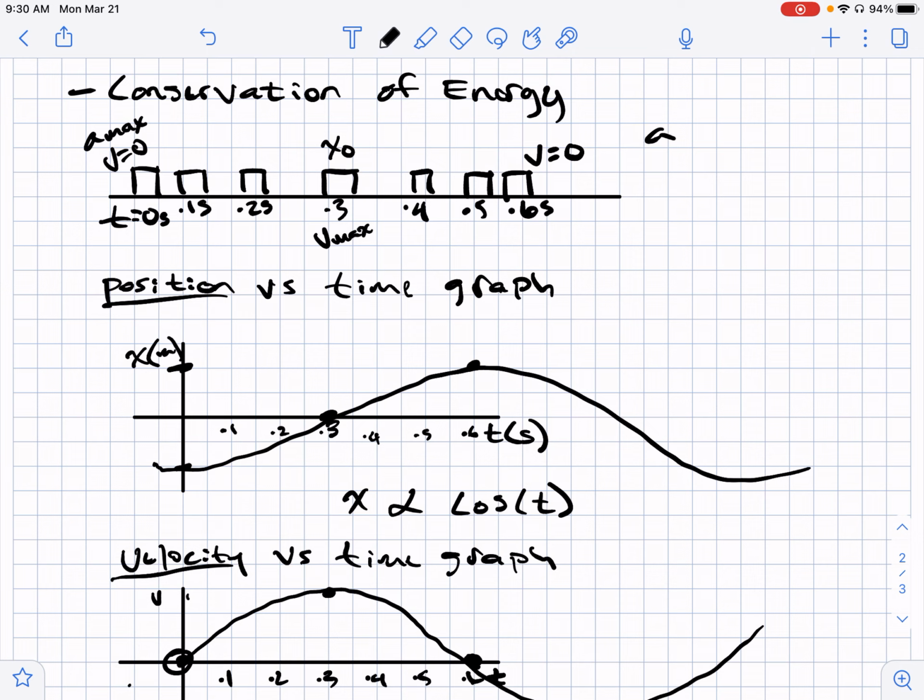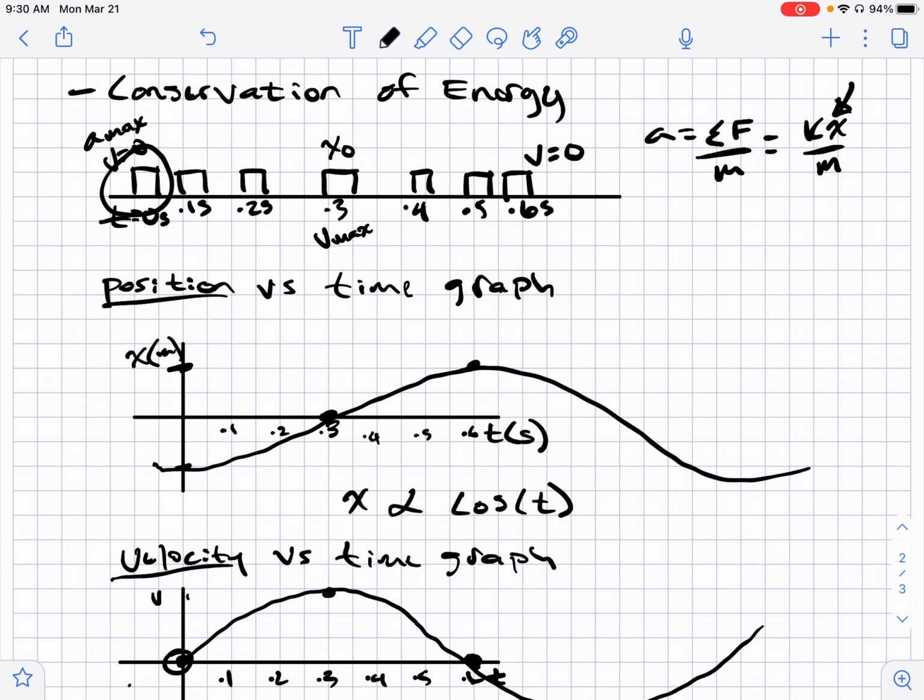Remember, Newton's second law says acceleration is the net force over the mass. In this case, it's going to be the spring, so kx over mass. So the larger the force, the larger the acceleration. Looking at this mass on a spring, you have your greatest stretch at this location.